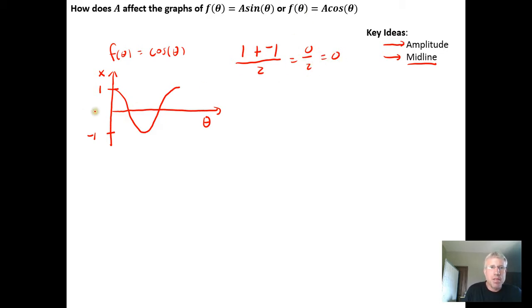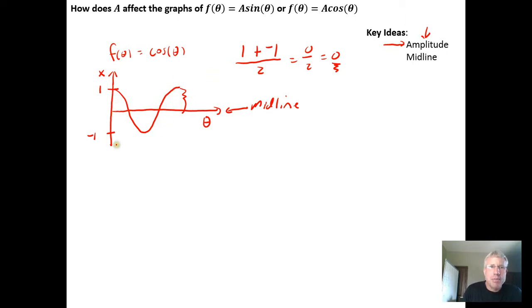So in this case, the midline is actually going to be the theta axis, where we have x equaling 0. The theta axis is the midline, the line that is halfway between the lowest point and the highest point on the function. So that's the idea of midline in trigonometry. And the idea of amplitude is simple. It is just the distance or the height that the function gets above its midline.